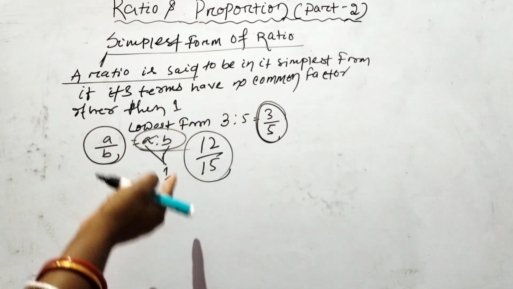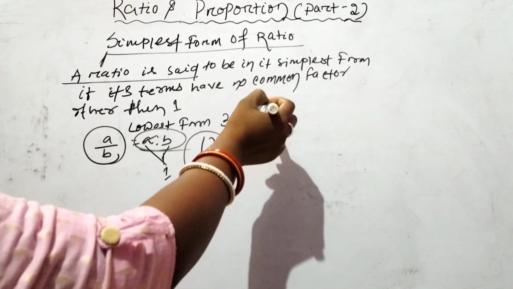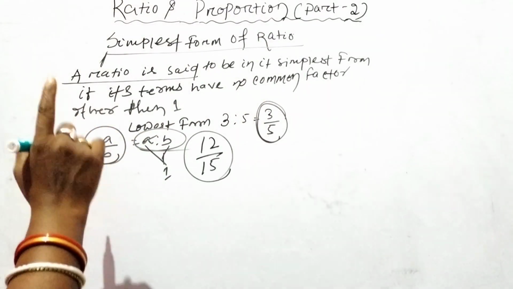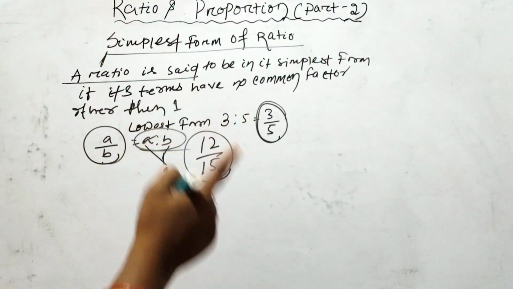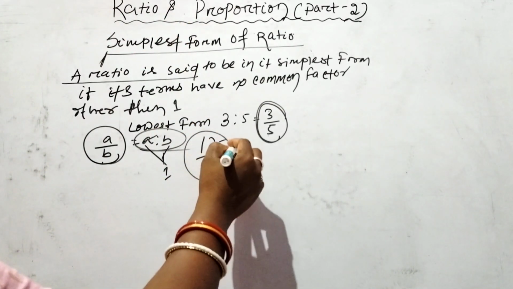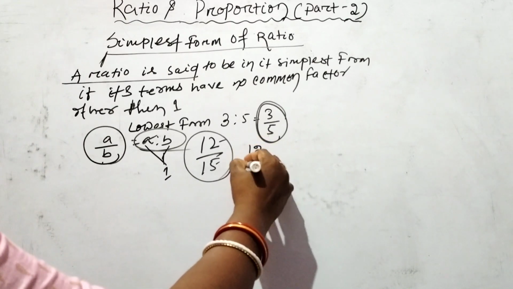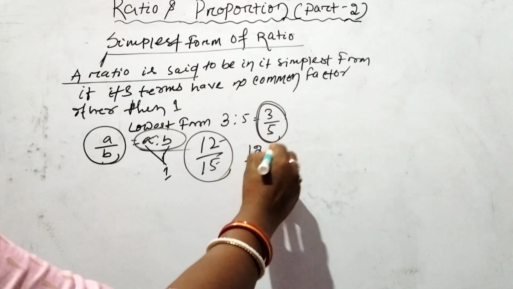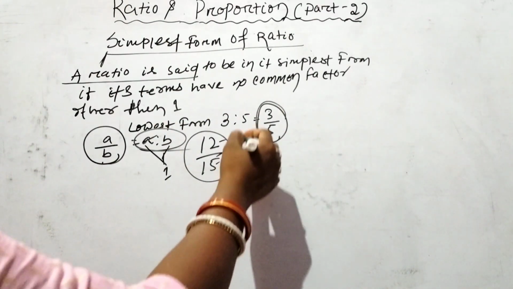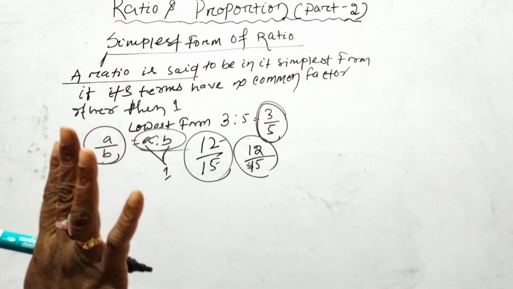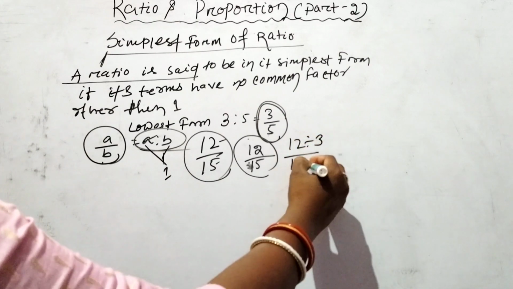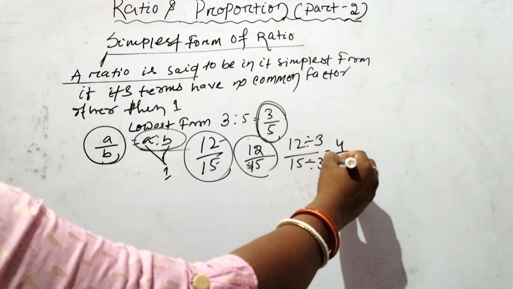First you find the HCF of the numerator and denominator, or the HCF of A by B. If it is 1, then the ratio or fraction is in the lowest form. The 12 is to 15 is not in the lowest term, because the HCF of 12 and 15 is 3. So if we divide 12 by 15 by 3, it is 4 by 5.